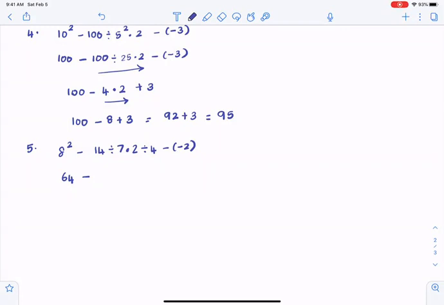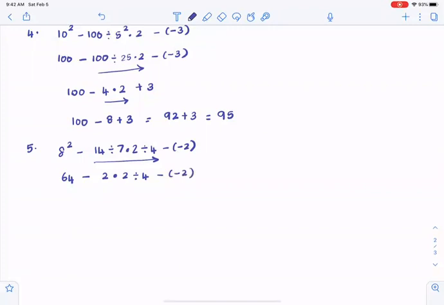But we need to go from left to right. So as I go from left to right, 14 divided by 7 comes first. So 2. We have to multiply and then divide by 4.